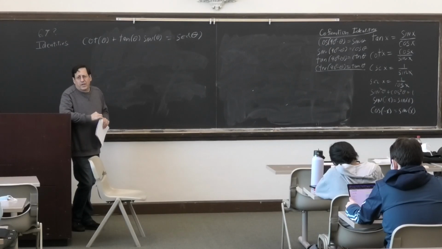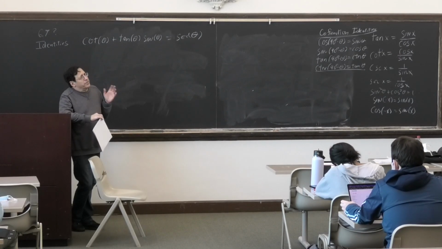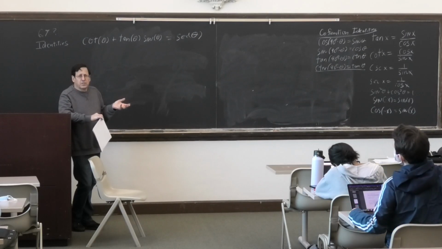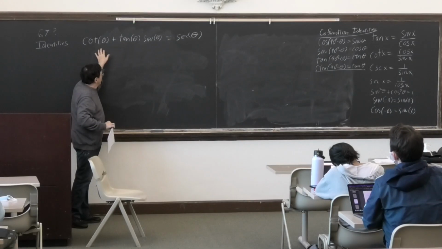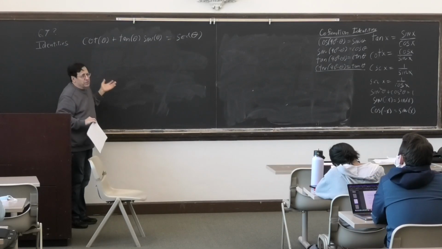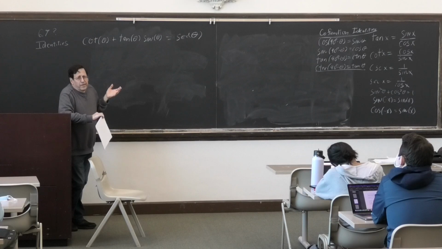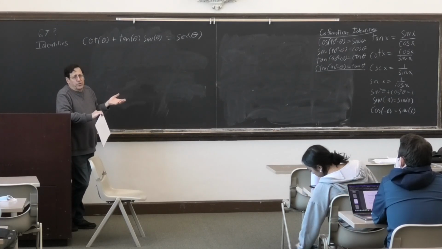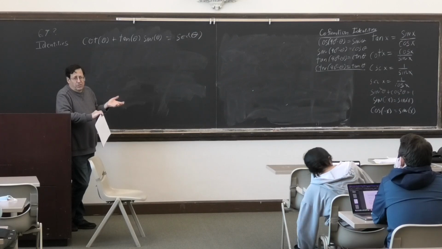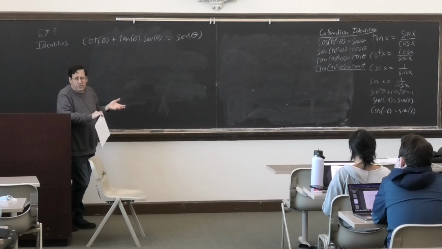So I'm going to give you the first rule of thumb, strategy. When you see an identity like this, and it's not so obvious what to do with it, a good starting strategy is to convert everything to sines and cosines.